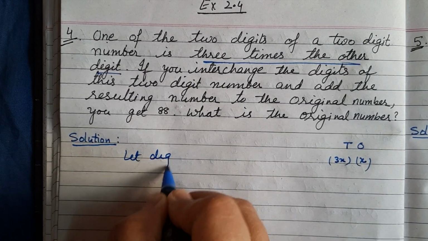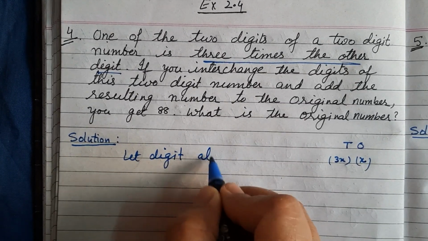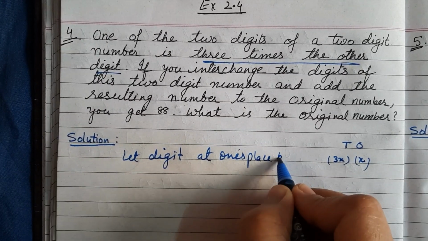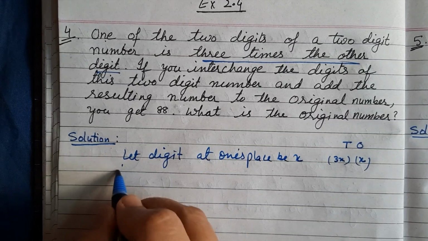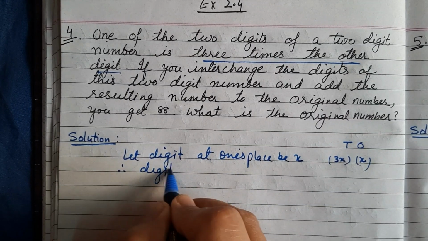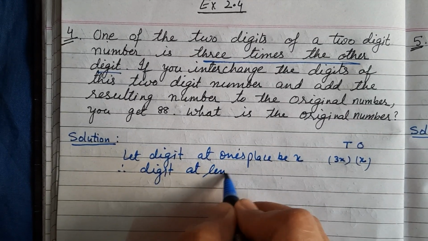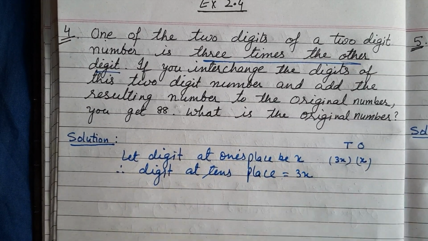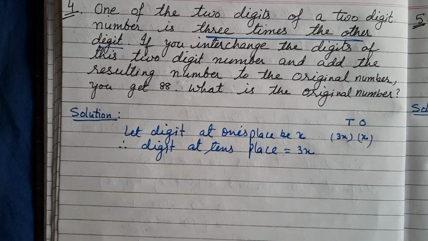Let digit at ones place be x, therefore digit at tens place will be 3x. This is 3 times.